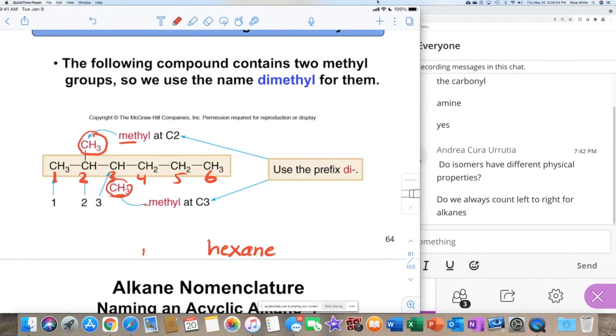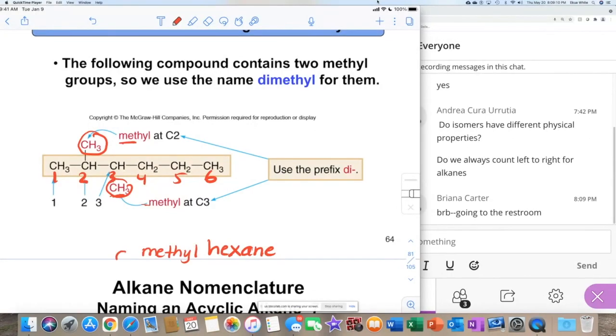So this would be methyl. But don't we have two of them? Yeah, we do. So I'll say di. Okay, dimethyl.